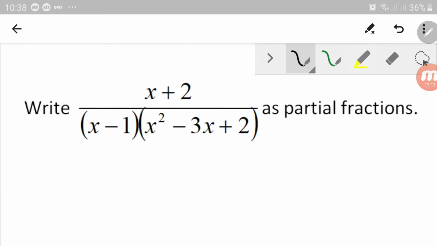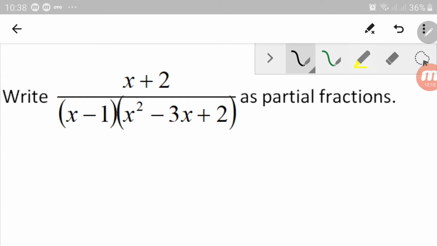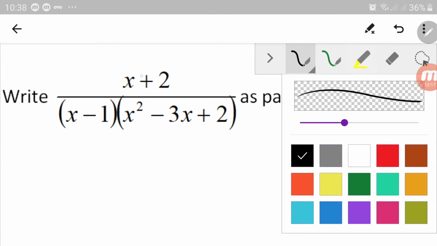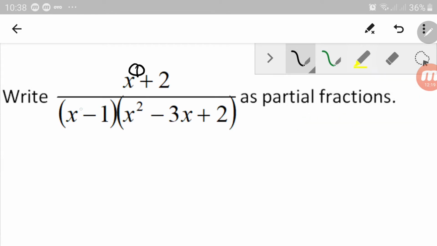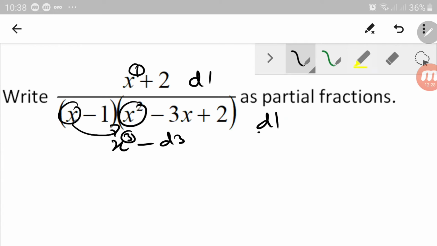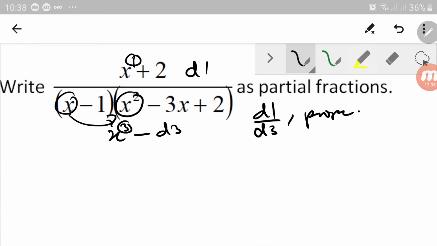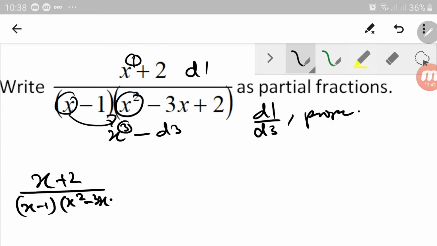This one. First thing first, let's have a look. The numerator is power 1. The denominator, when we multiply, we get x cubed, so degree 3, and this is degree 1. So degree 1 over degree 3 is proper, so no need for long division. Next, we have to factorize the denominator. So x plus 2 over (x minus 1)(x squared minus 3x plus 2).